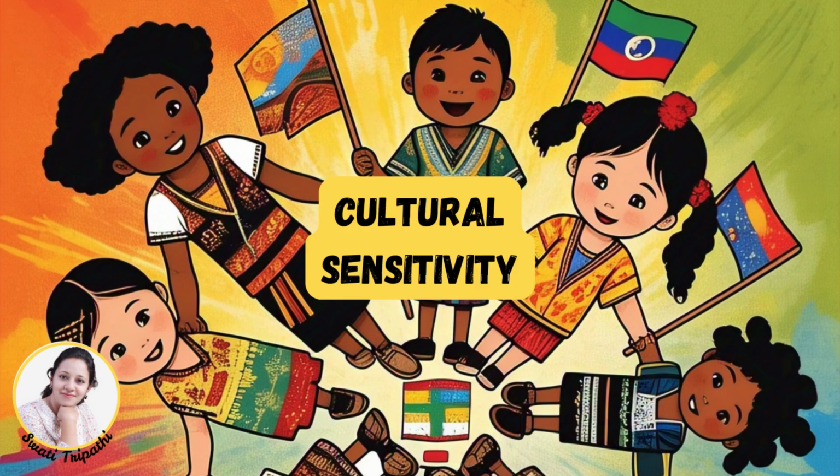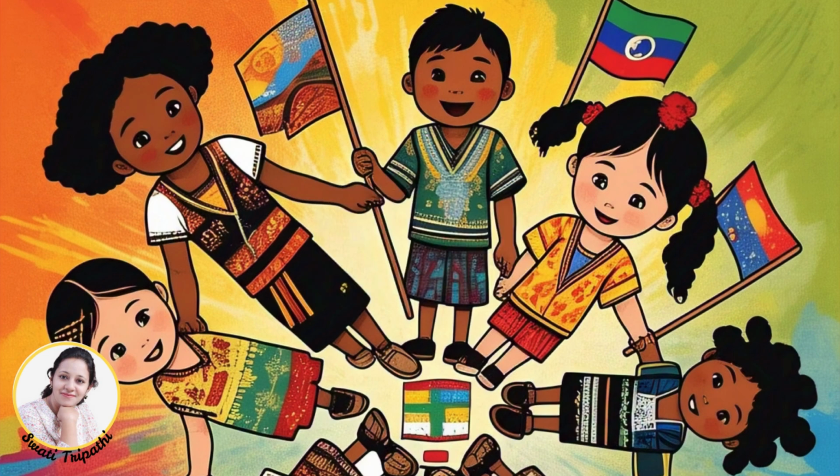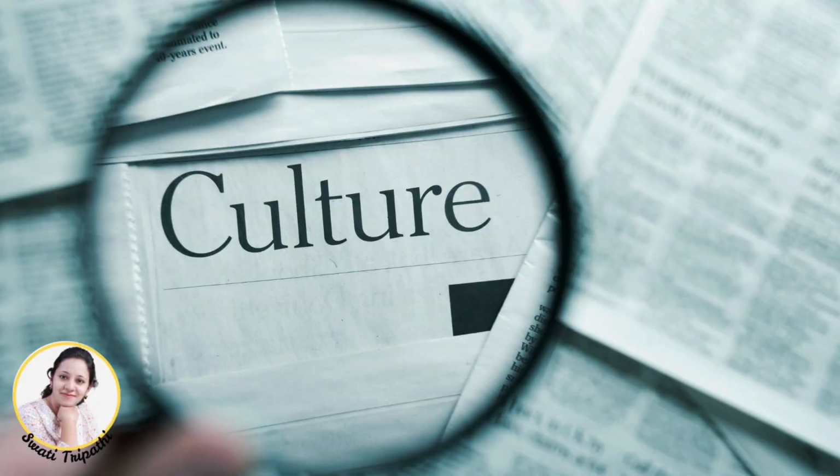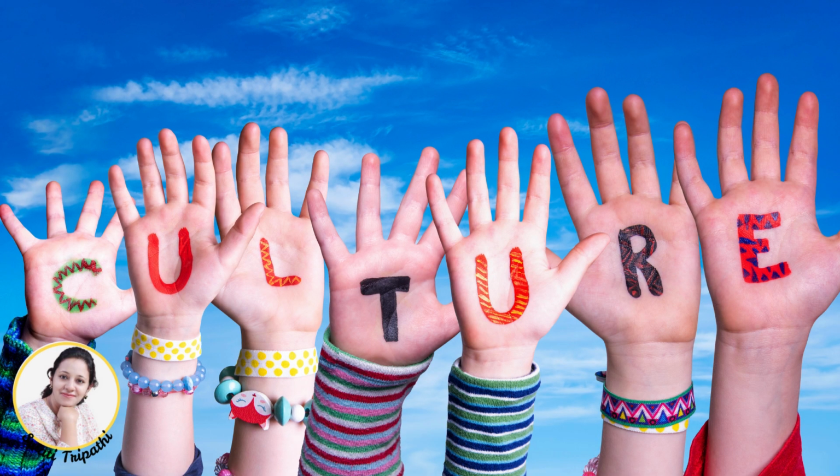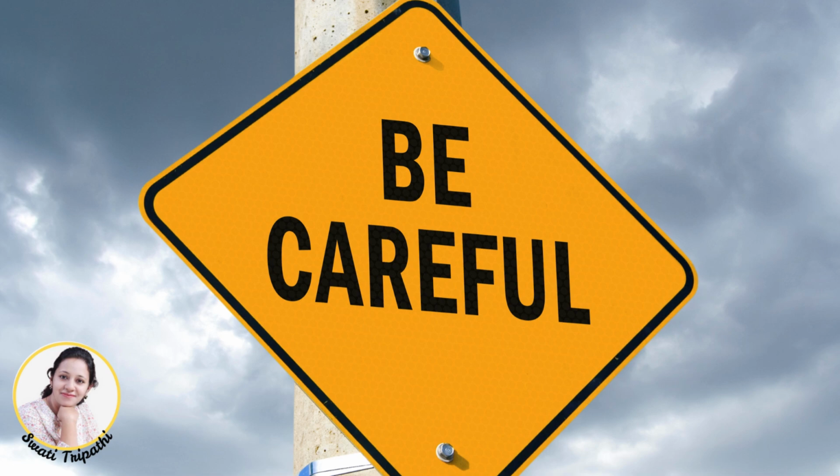Child culture sensitivity. Every child belongs to a different category, a different culture. Unknowingly, sometimes we have to understand that their culture is different, their things are different. We should be very careful while talking about their culture and their family members.